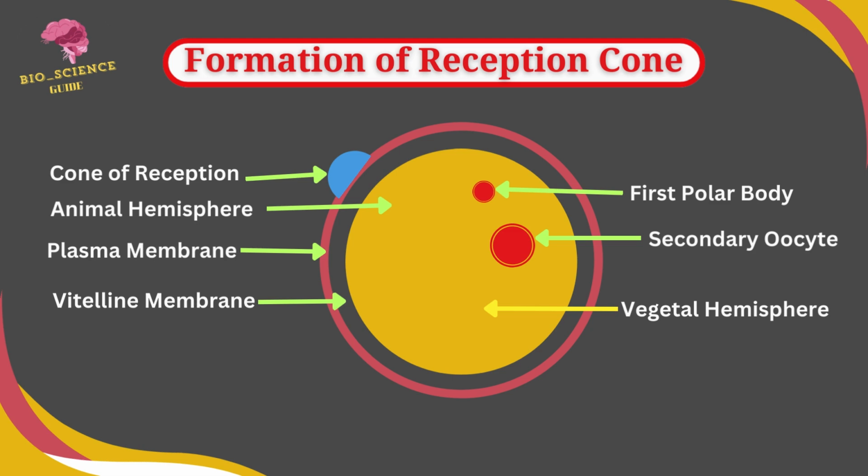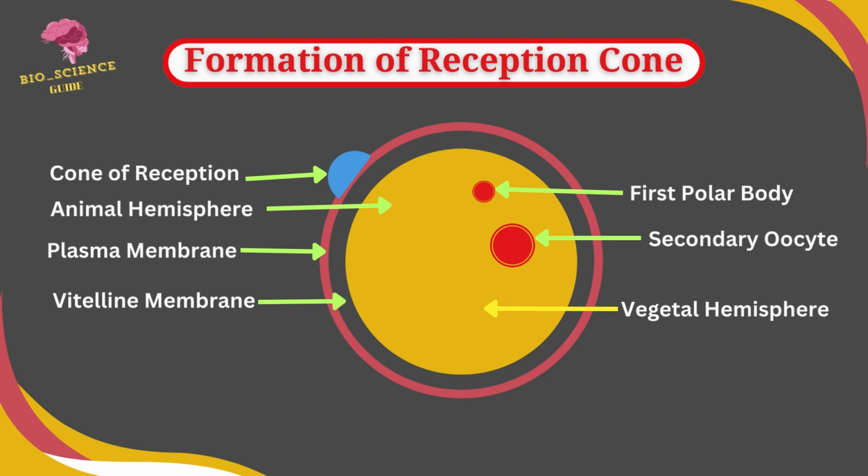In the given diagram, the ovum is spherical in shape and is covered by two thin vitelline membranes. The ovum is divided into upper and lower regions. The upper half is pigmented, called animal hemisphere, and the lower half is non-pigmented with yolk, called vegetal hemisphere.